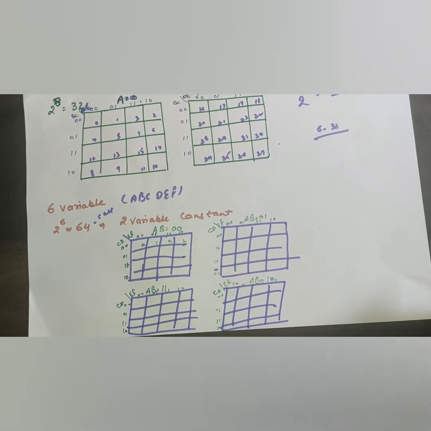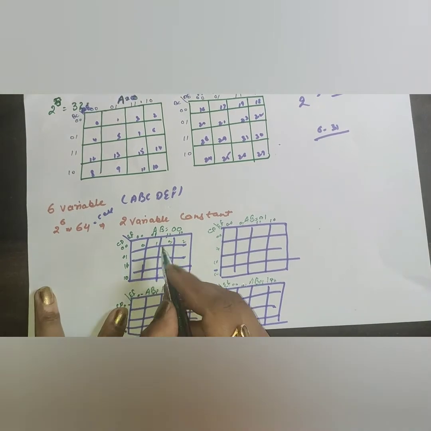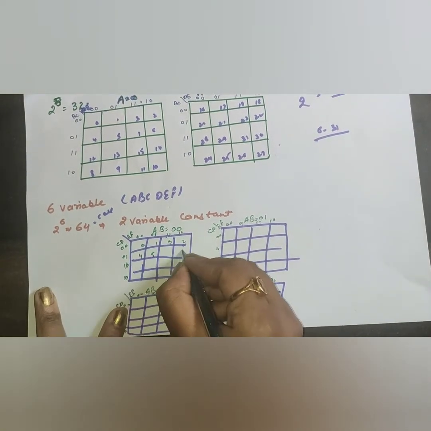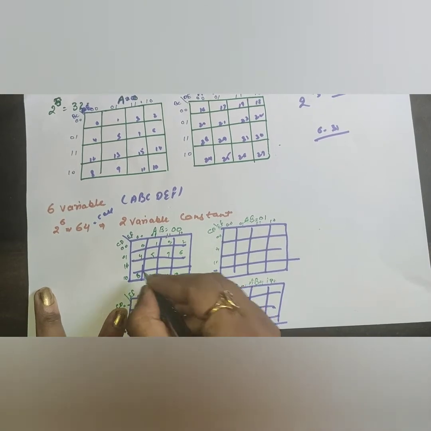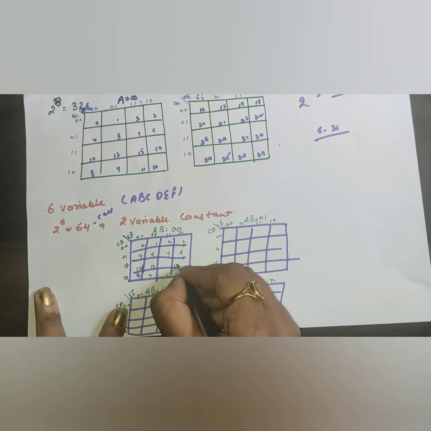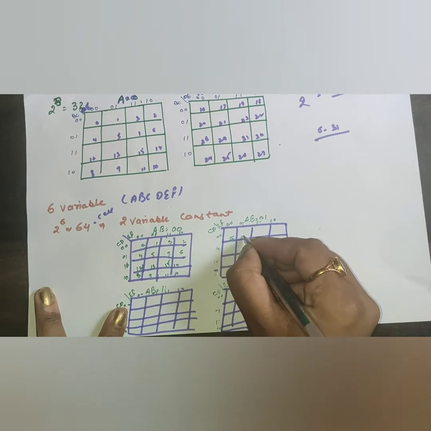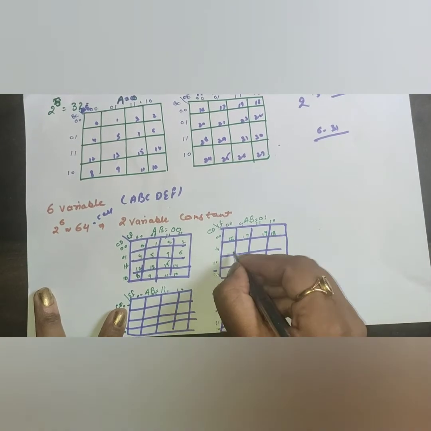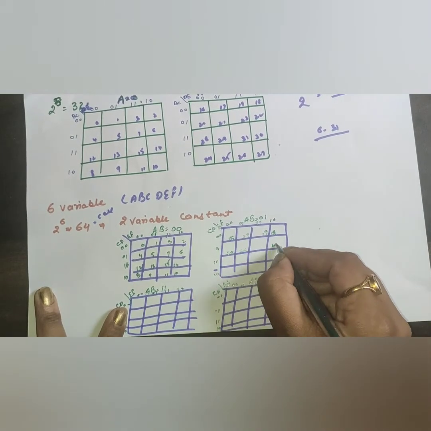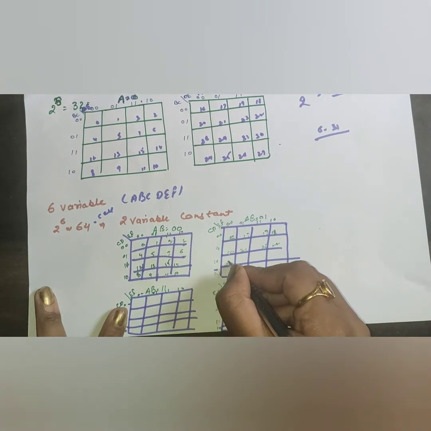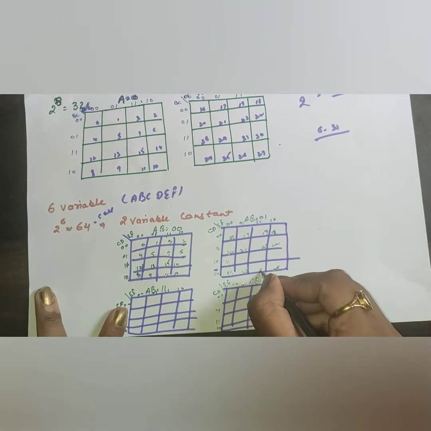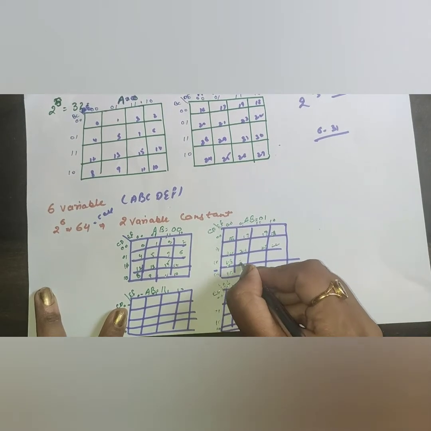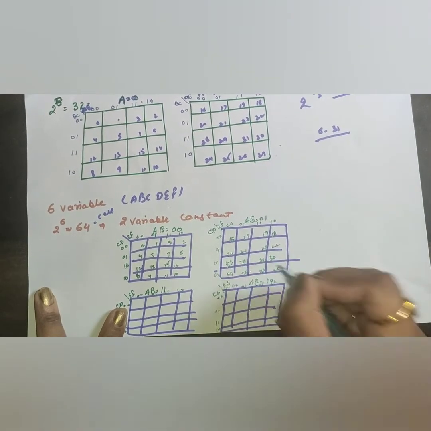Now the blocks will be 0, 1, 2, 3, 4, 5, 6, 7, 8, 9, 10, 11, 12, 13, 14, 15, 16, 17, 18, 19, 20, 21, 22, 23, 24, 25, 26, 27, 28, 29, 30, 31.